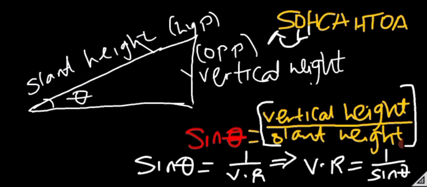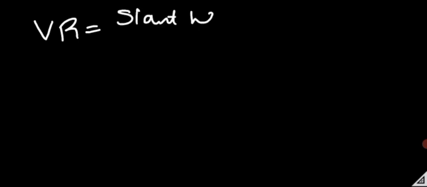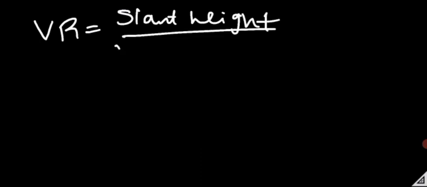So the two formulas that we just need to note for an inclined plane are, number one, velocity ratio, V arrow, is equal to slant height all over vertical height.